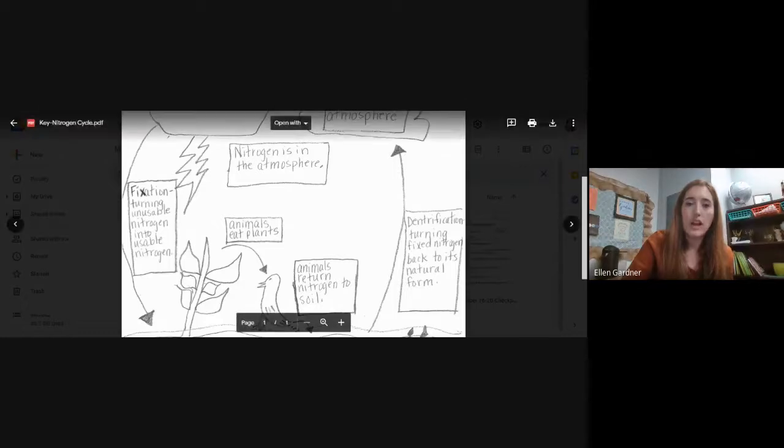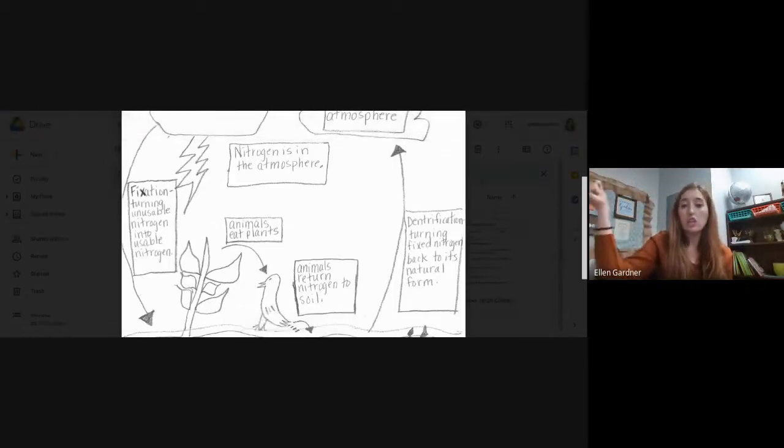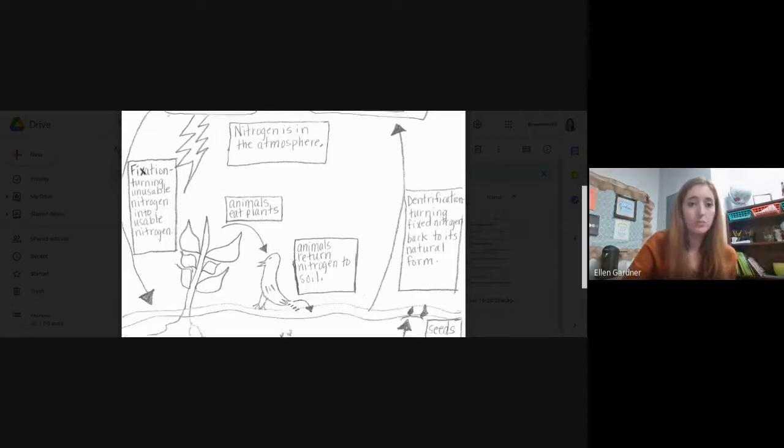So nitrogen is in the atmosphere. Fixation is the process of turning unusable nitrogen into nitrogen that's usable for plants and eventually animals. So it changes the element itself. It changes its form so that it becomes usable for organisms.